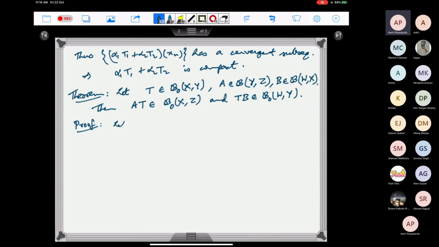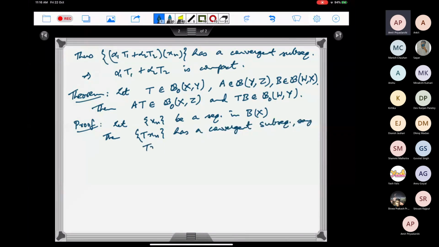Let xn be a sequence in B of X, then Txn has a convergent subsequence. So say Txnk converges to some y in Y.